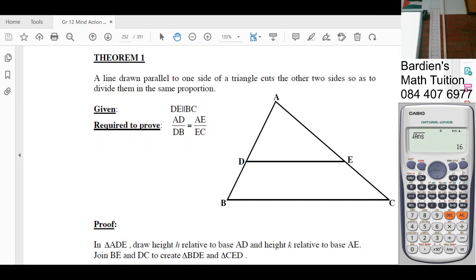If they lie between two parallel lines and a common base or equal base, then the areas of the two triangles are the same. So we're going to write that down now. We've got the numerators the same, so the denominators we're going to equate now. So we just say that the area of triangle DEB is equal to the area of triangle DEC.